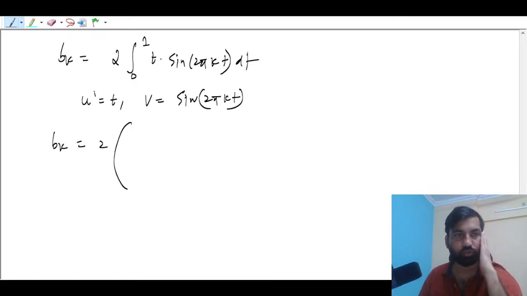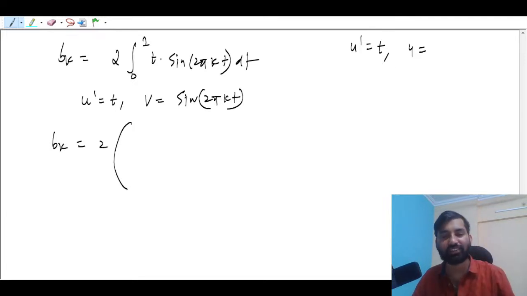What is u from here? u dash equal to t. So what is u? That's what you have to find out. If u dash is t, what is u? So you have to integrate both sides. So it is nothing but t square by 2, right?